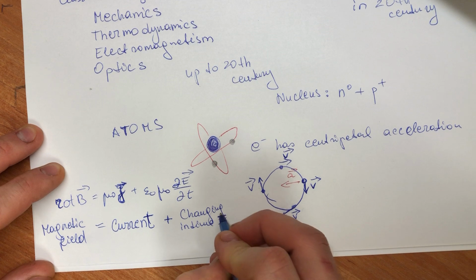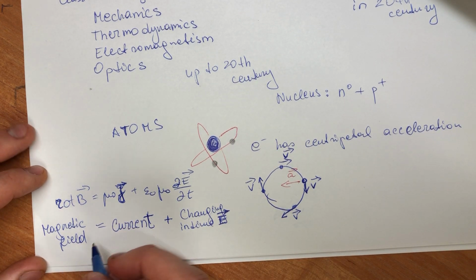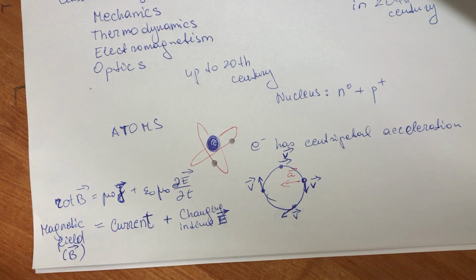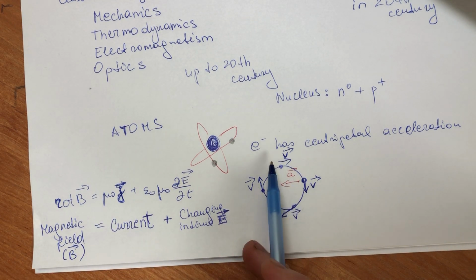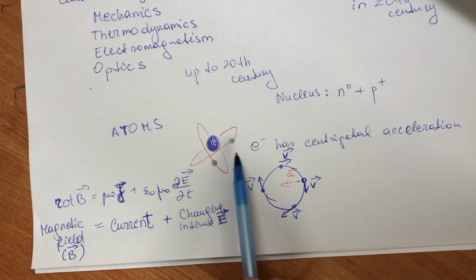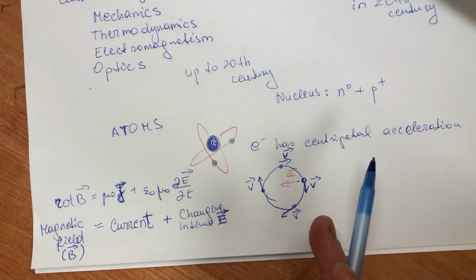So E field, let's say E, and the magnetic field would be B, yes? Changing in time, so it means that if an electron is moving with acceleration, the electron is emitting electromagnetic waves.